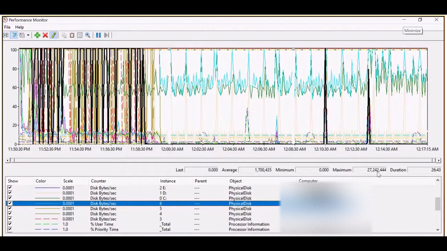So if this value was high and SQL's flooding the disk with too much data, what do you think we need to do to fix that? See what queries are causing that much. Yeah, maybe we have an inefficient query.